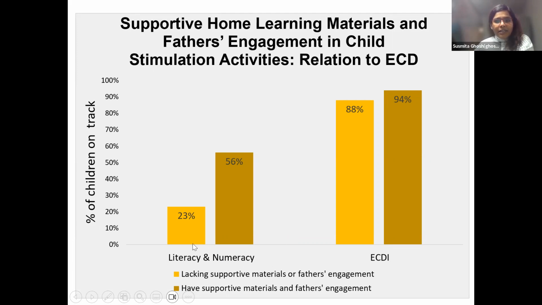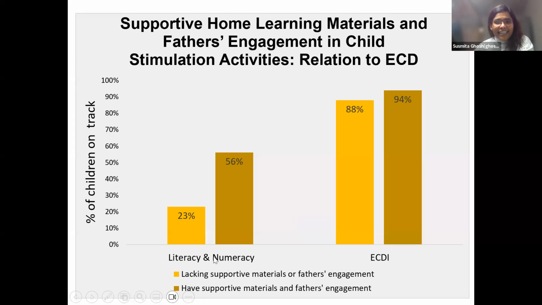In this figure, the yellow bar shows lacking supportive materials or father's engagement, and the brown bar represents having supporting materials and father's engagement. The vertical axis shows the percentage of children who are on the developmental track.